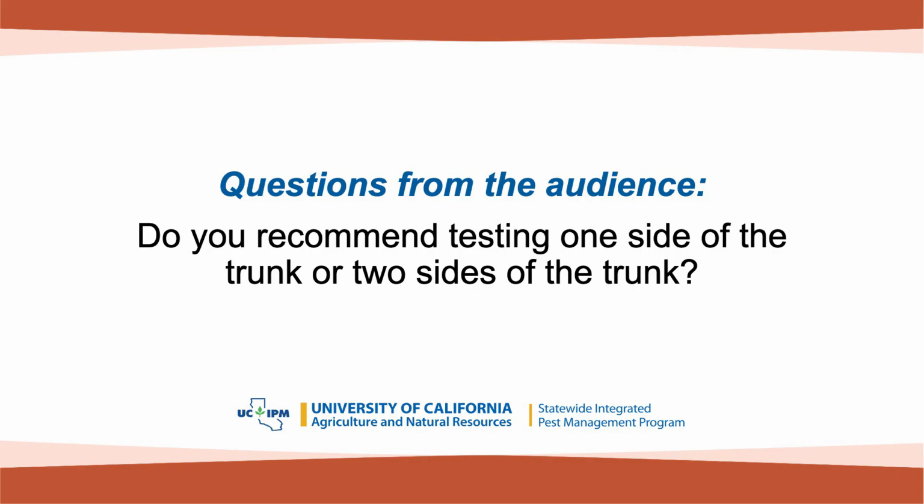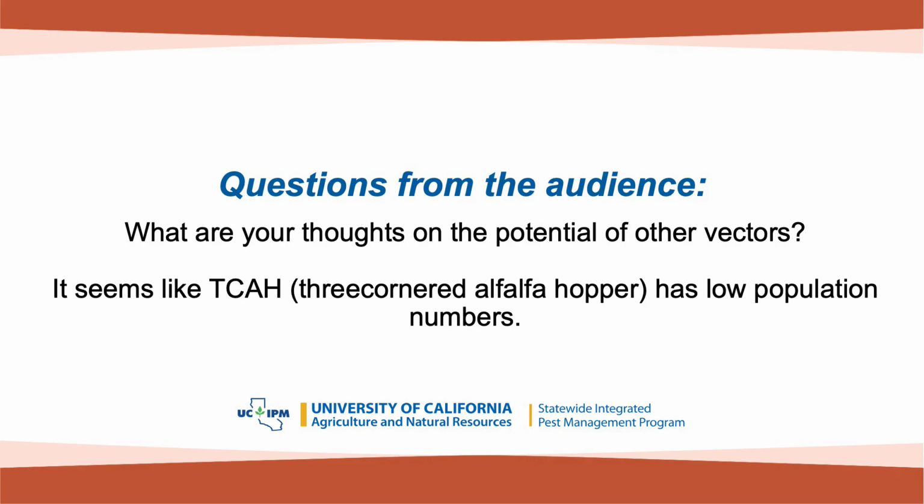Okay, and then just this last question came in. What are your thoughts on the potential of other vectors? It seems like the TCAH has low population numbers. Yes, Tika has low population numbers, but I'll remind you that so does grape mealybug, and it is a quite efficient vector of leafroll disease.